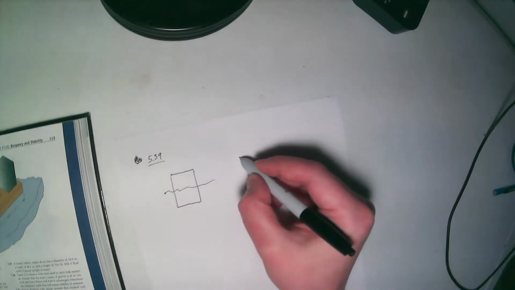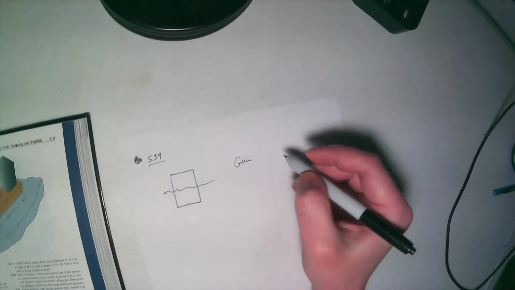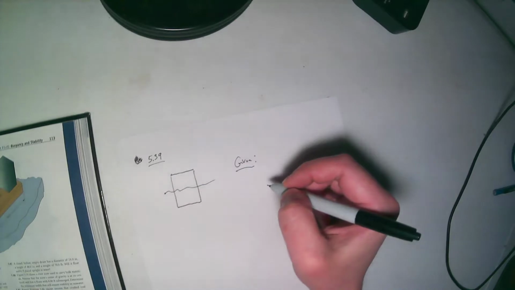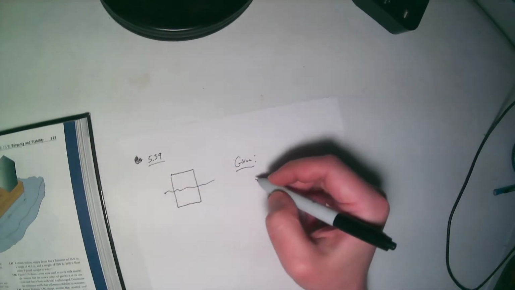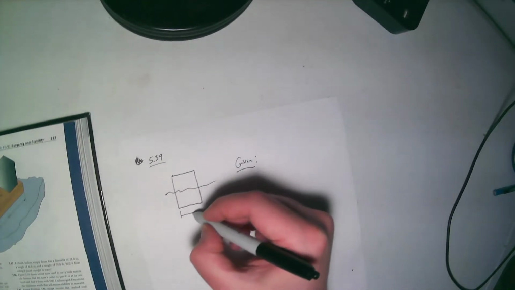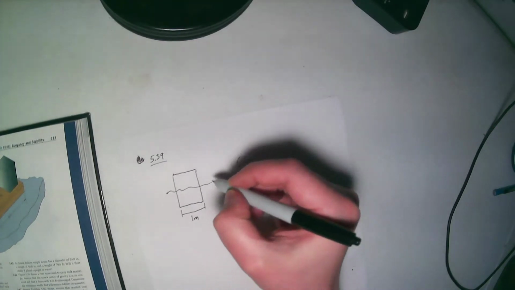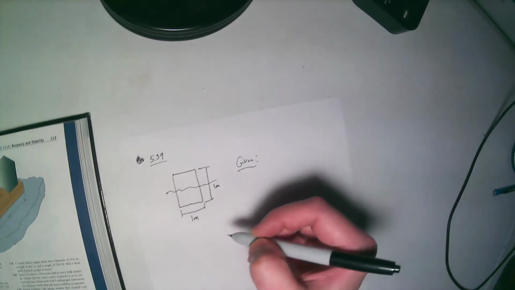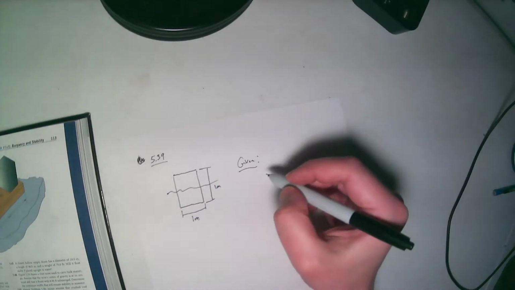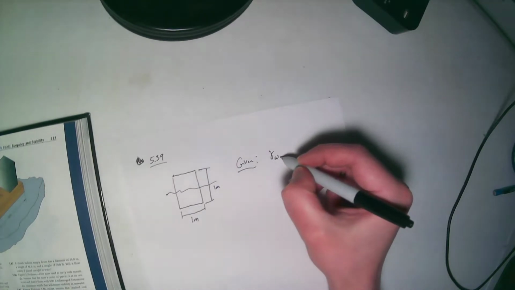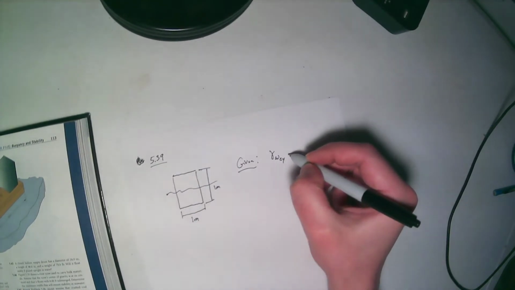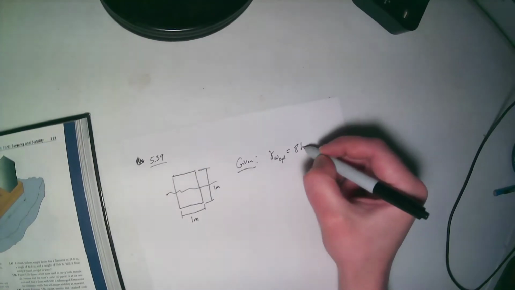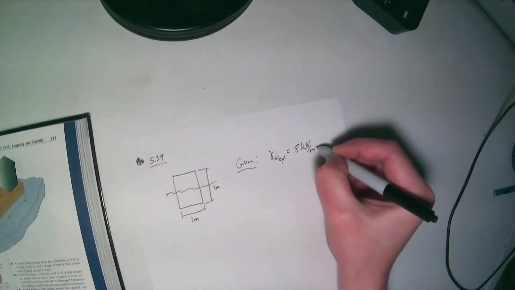So the given values: it's 1 meter in diameter, it's 1 meter long, and we're given that the specific weight of our cylinder is equal to 8 kilonewtons per meter cubed.